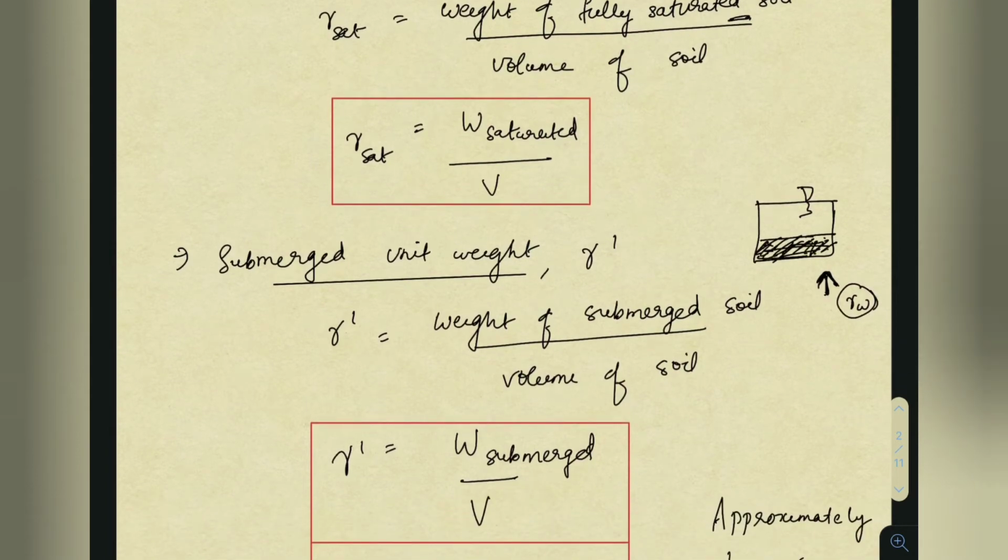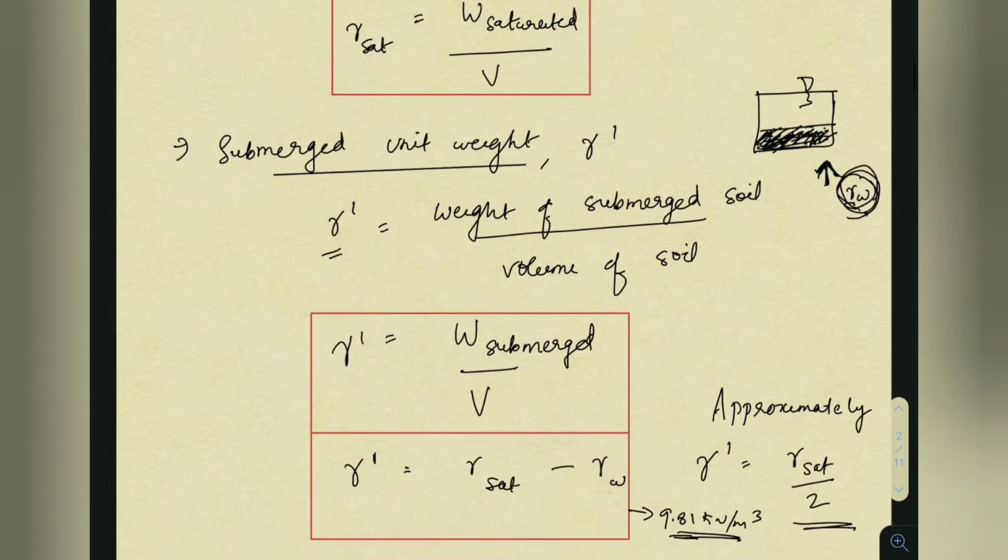Suppose this soil is fully saturated. Then gamma saturated minus gamma W will be equal to gamma submerged. Understood? Gamma submerged will be lesser than gamma saturated because an upward buoyant force gamma W is acting upward. So we have gamma saturated minus gamma W equal to gamma dash.